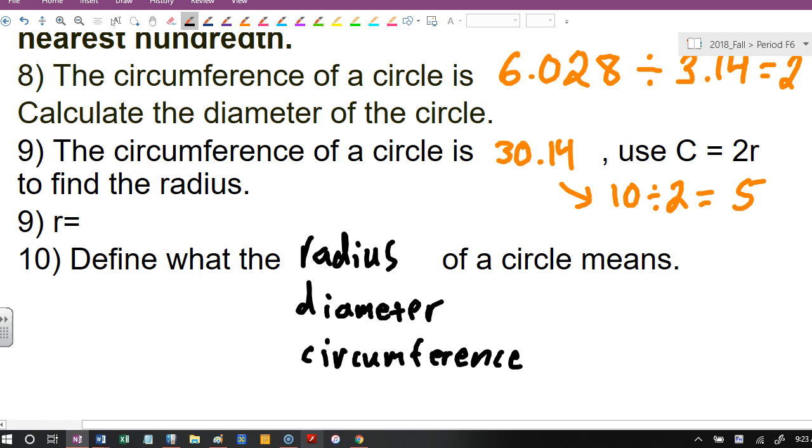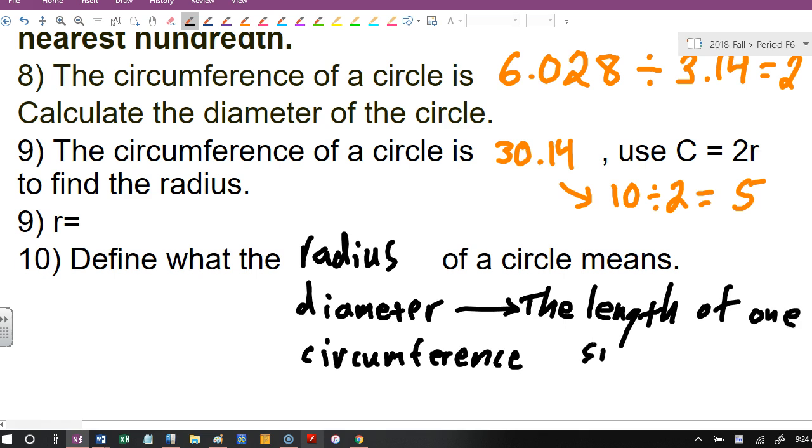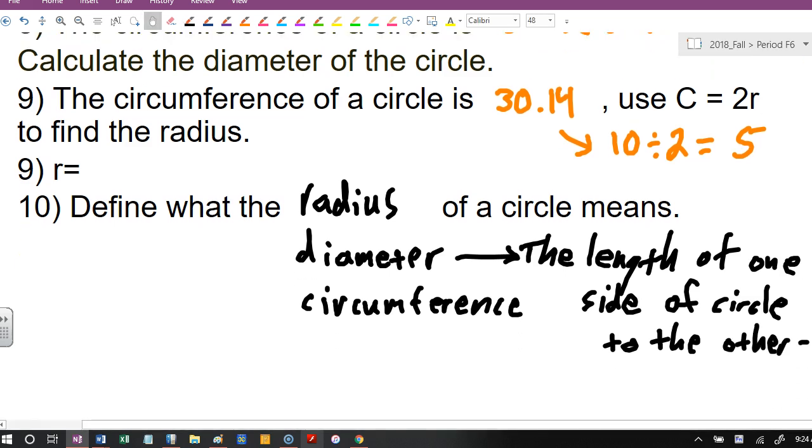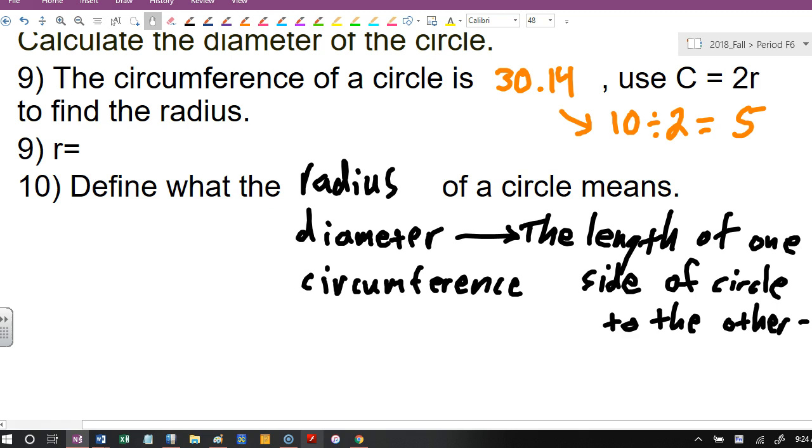He says diameter, so let's define what the diameter means in my own words. It means the length of one side of a circle to the other, and it has to pass through the middle. That's important. If it doesn't pass through the middle, it would just be like a little edge of it. So it must pass through the middle.